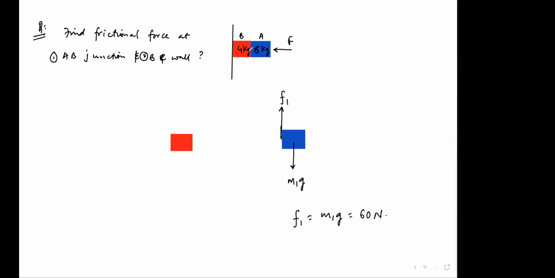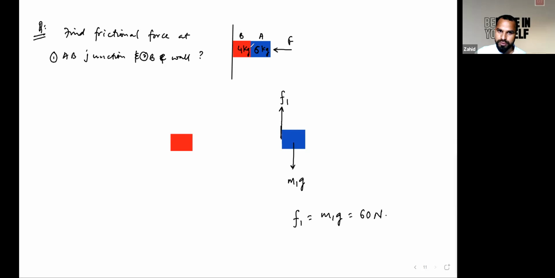Now, if we want to calculate the net force on this second block B, let's suppose you have two surfaces in contact.